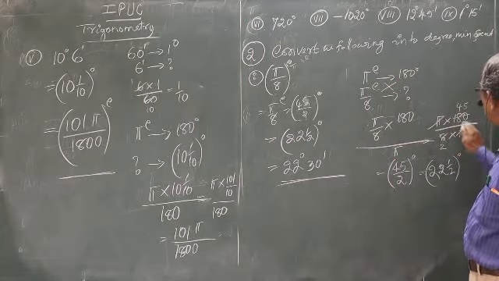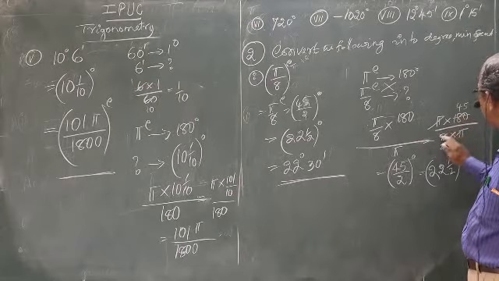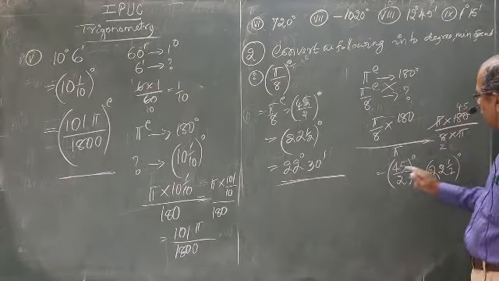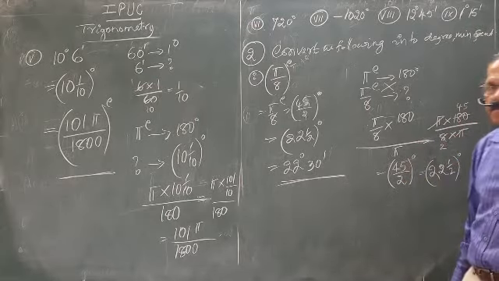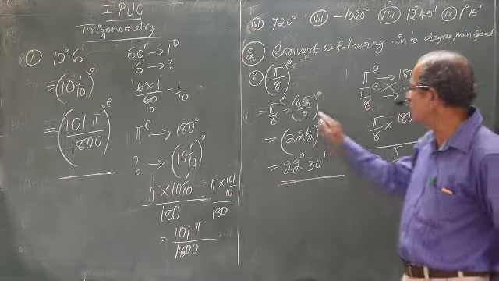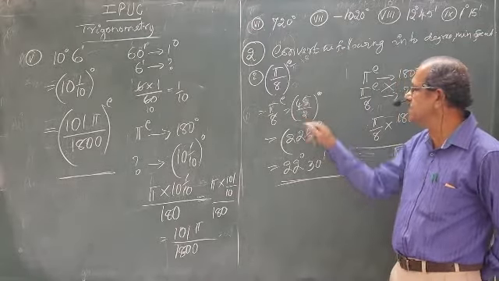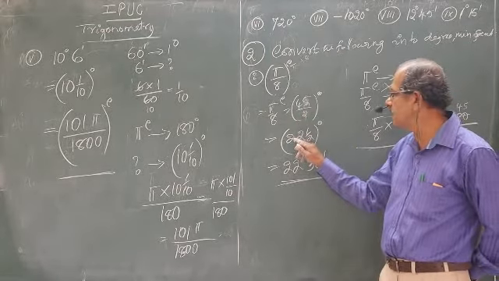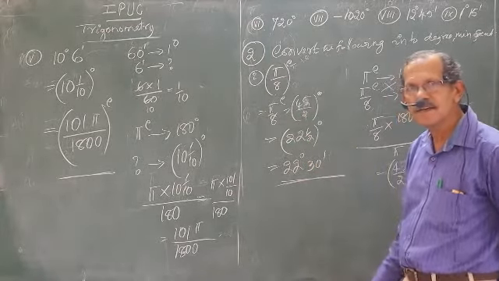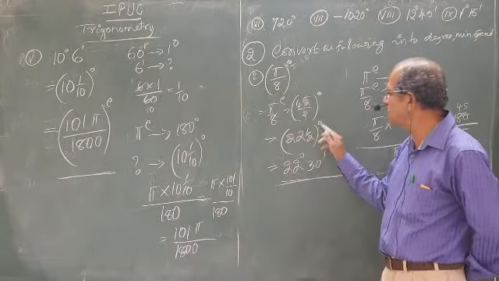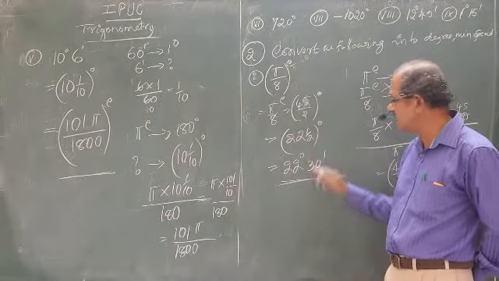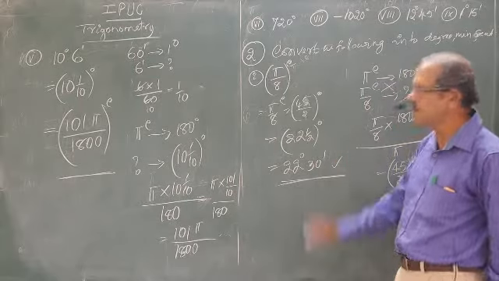Cancelling pi, dividing both numerator and denominator by 4, you get 45 by 2 degree. Actually we are not writing 45 by 2. Convert this one into mixed fraction form, 22 and a half. 22 and a half means you are not writing half, it is 30 minutes. Final answer will be like this.